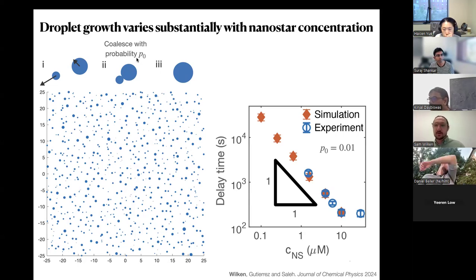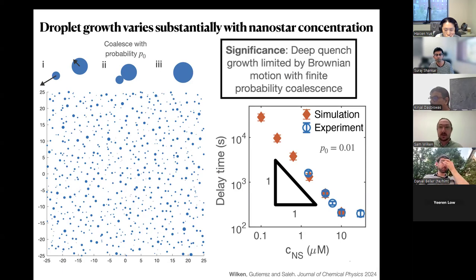If you include this kind of prefactor here, it turns out it scales linearly with the coalescence probability, and in the simulations we can recover the experimental observation as well. And so really the significance here is that we confirm not only that the mechanism is what we expected, that the growth is limited by Brownian motion and coalescence, but with this finite probability. And so the thing we're thinking about now is, where does this 10 to the minus 2 probability come from?